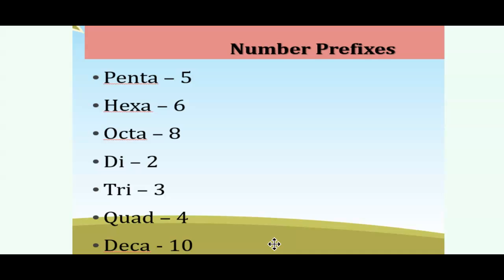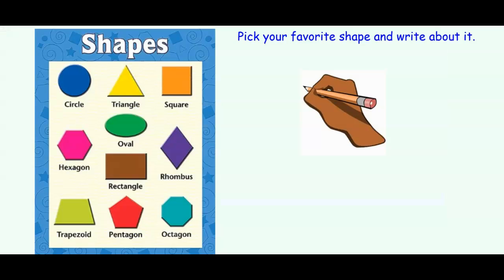Great job. Let's try it one more time, a little bit faster. Penta 5, hexa 6, octa 8, di 2, tri 3, quad 4, deca 10. Great job, boys and girls. Every day we'll practice until you learn your number prefixes and how many sides they represent.